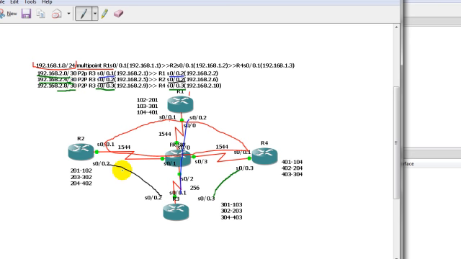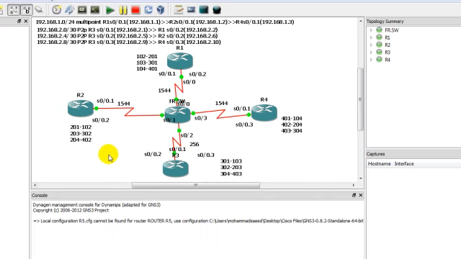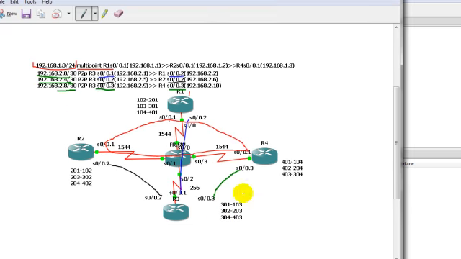So now, as you see, I have sub-interfaces for each one. This is the first step. Now, how can I configure the bandwidth for each sub-interface? The first step is to take the lowest bandwidth and divide it by how many virtual circuits I have. I have three virtual circuits: 1, 2, and 3.